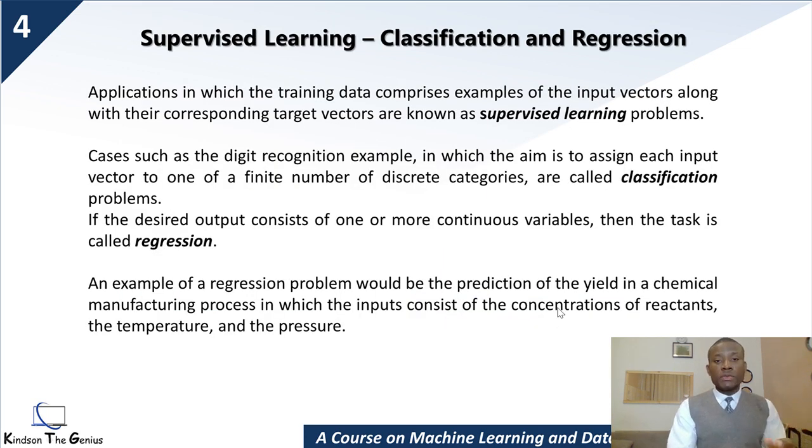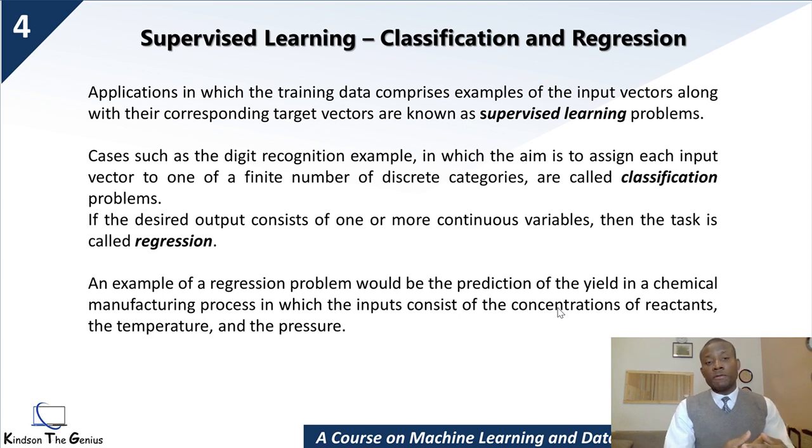Applications where the training data comprises examples of input vectors along with their corresponding output target vectors are called supervised learning. In the next slide, I'm going to demonstrate what we mean by target vector and also the training data set.